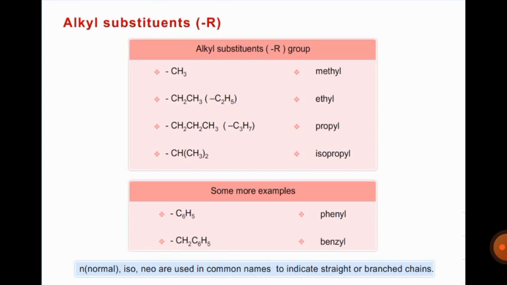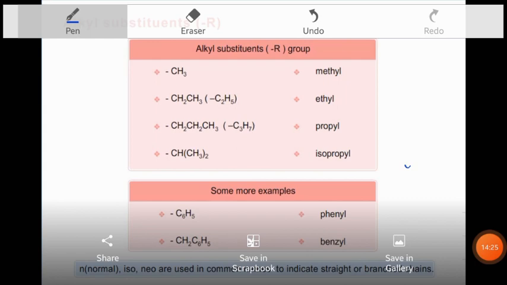If there is one carbon atom with three methyl groups attached to it, it could be called neobutyl. This is the traditional way, but it is adopted by IUPAC.